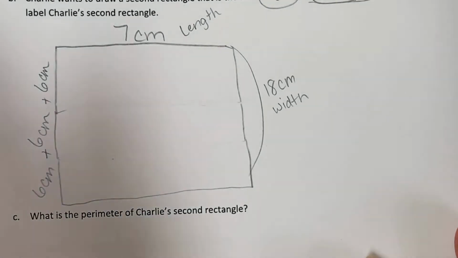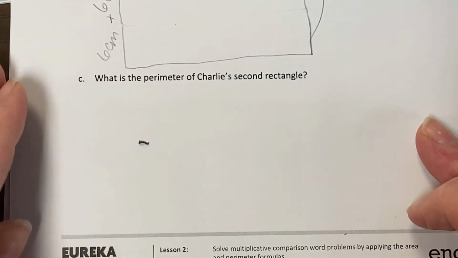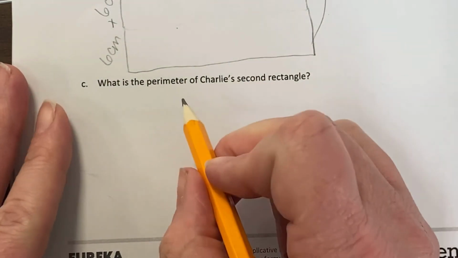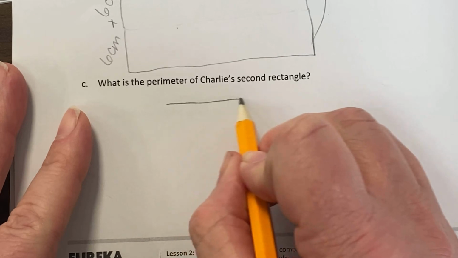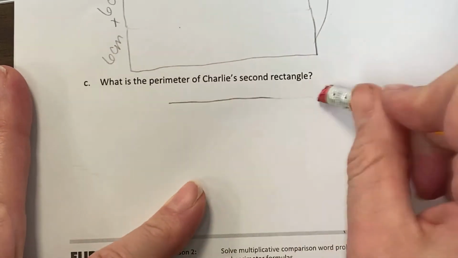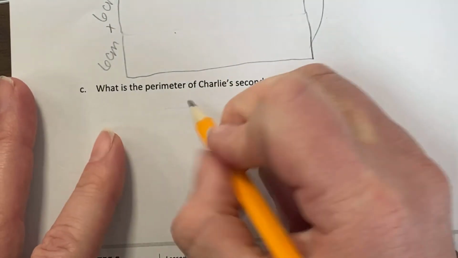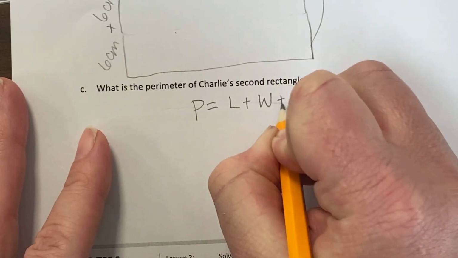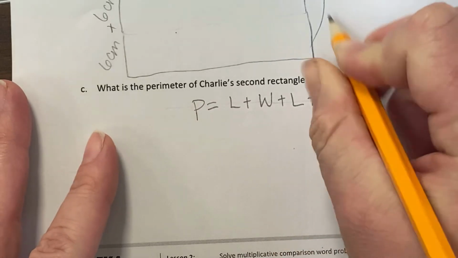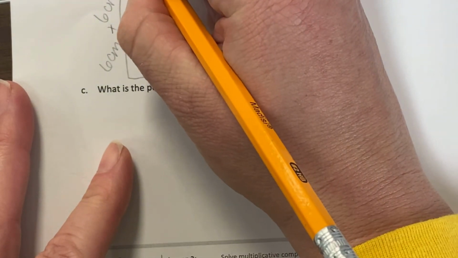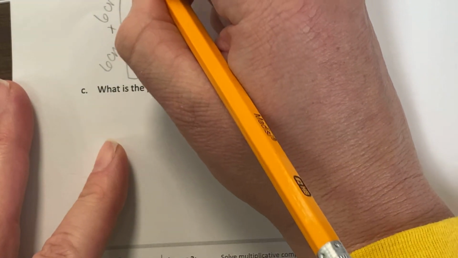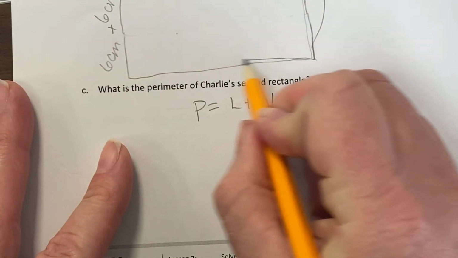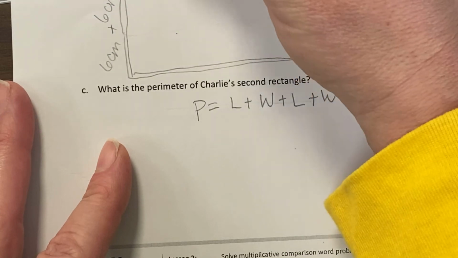So let's go on down here and look at the next one. What is the perimeter of Charlie's second rectangle? Well, the perimeter, remember, is length plus width plus length plus width, because our little guy, if he starts at this corner, he's got to go all the way around this, all the way around this, all the way around this, and all the way around this.